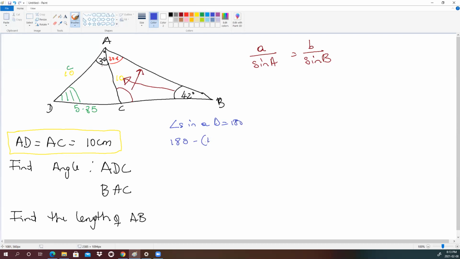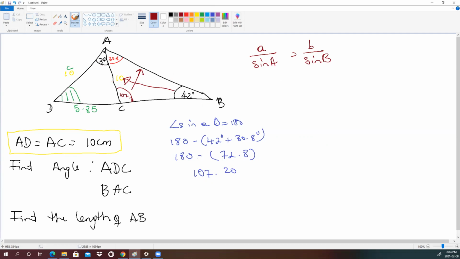So we'd have 42 plus 30.8, that is 72.8. And then 180 minus 72.8 gives 107.2.